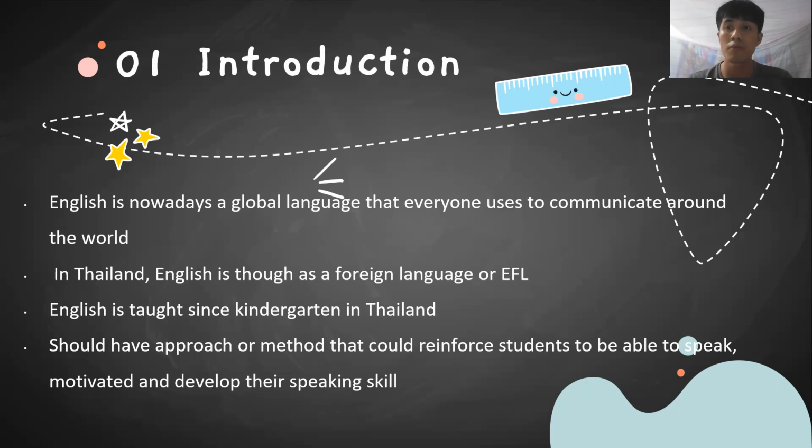So to get rid of that attitude, what can teachers do? I think collaborative and game-based learning could be a good motivation and a good solution for students who are not brave and not confident to speak. Those activities could help them improve their speaking skills.